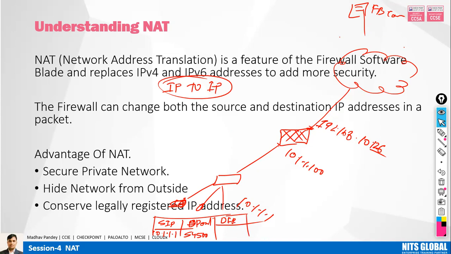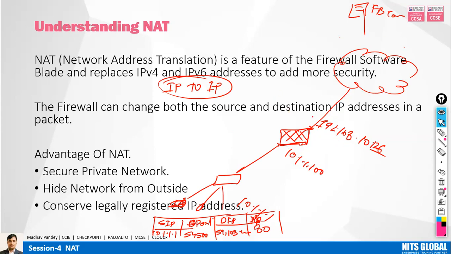Then it will have a destination IP. To whom do I want to communicate? I want to communicate with facebook.com, so I have a Facebook IP address, let's say 59.103 something something. And the destination port is 80. This is the packet which is created. Now, the moment this packet comes to this firewall, the firewall will translate your source IP address.